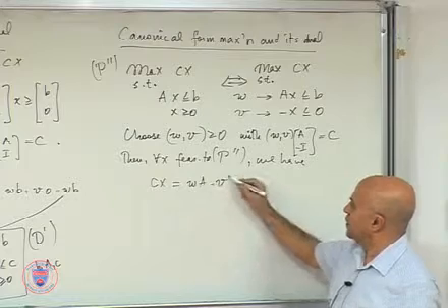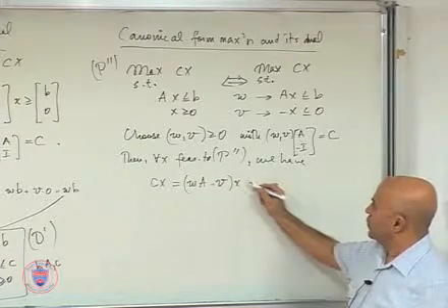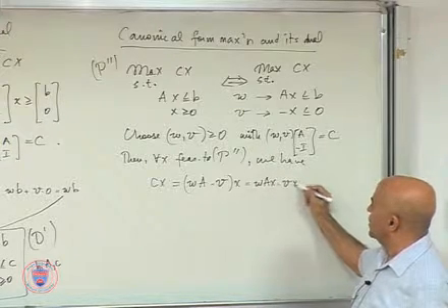C is this much now, which gives you WAX minus VX.